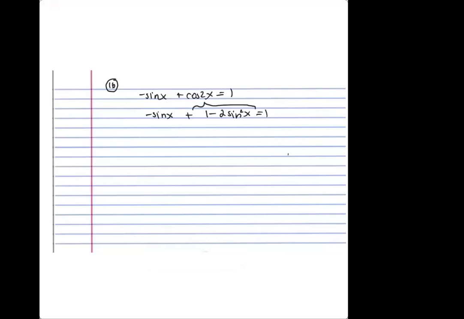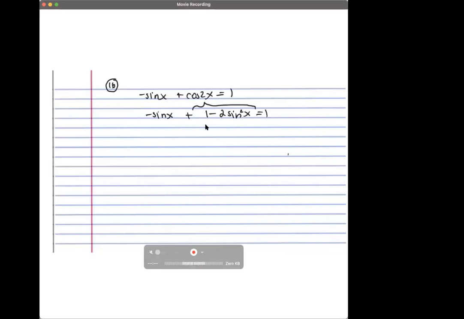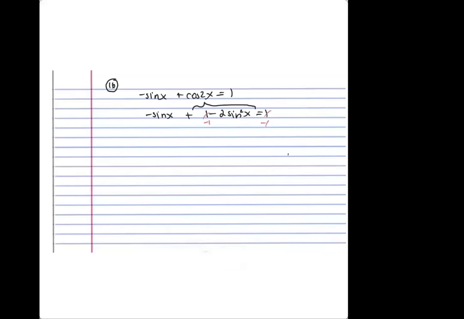All right, so now what I'm going to do is rewrite it in standard form. So I'm going to subtract a 1 from both sides, so the 1s will cancel, leaving me with minus sine x minus 2 sine squared x equaling 0. I'm going to factor out a minus sine x.